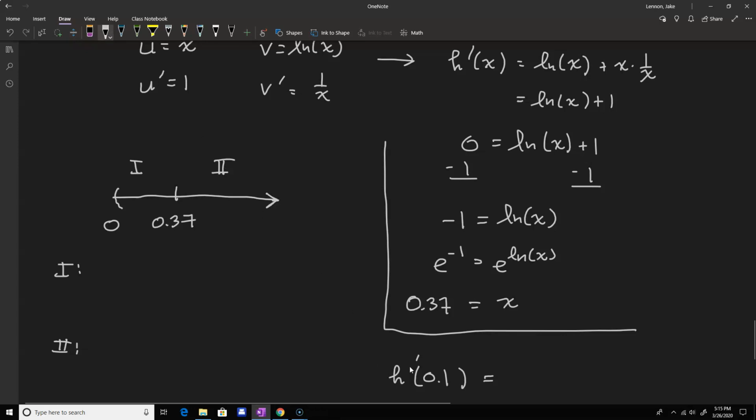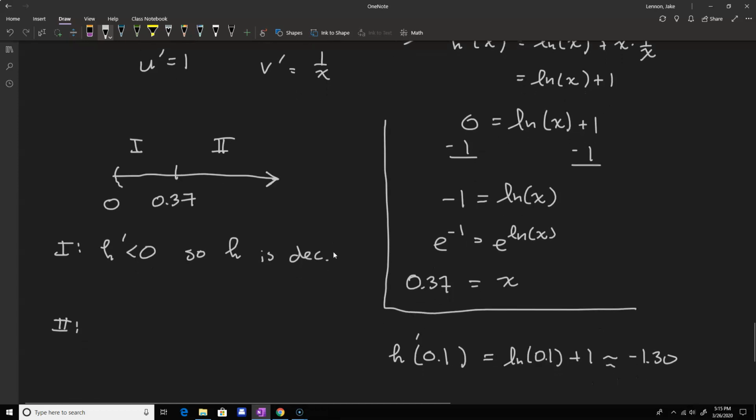So h prime of 0.1 is the natural log of 0.1 plus 1. So this comes out to negative 1.30. So we get that h prime is less than 0, so h is decreasing.